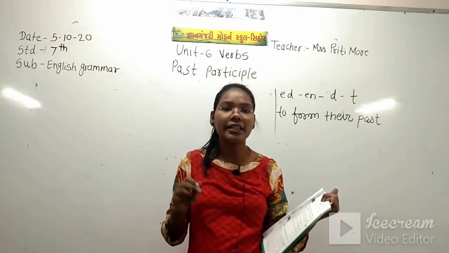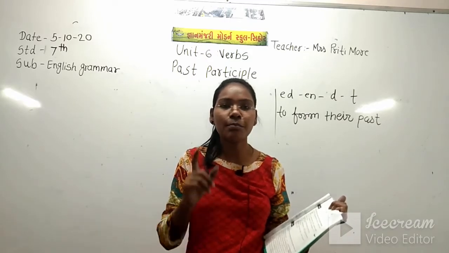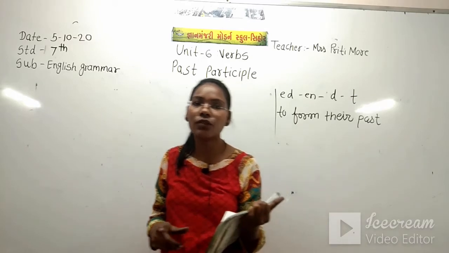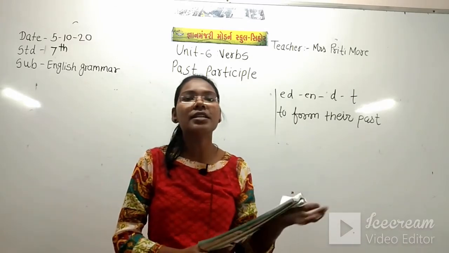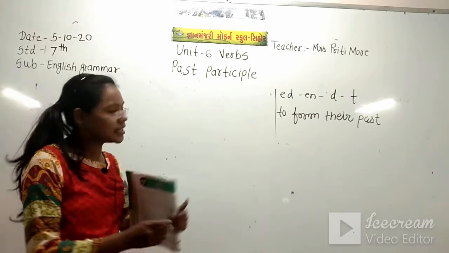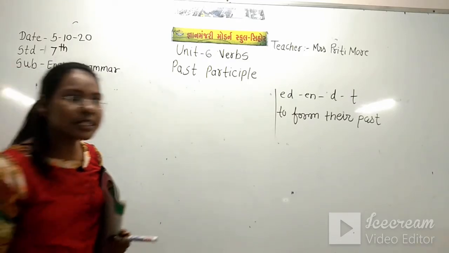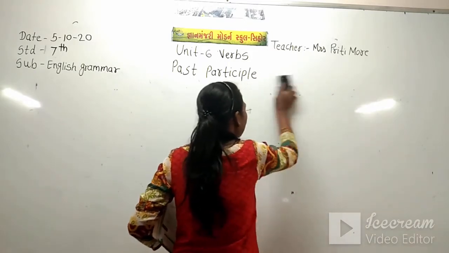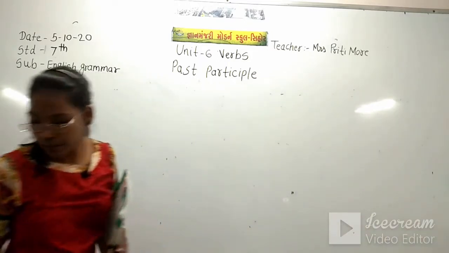In the bracket there is the first form of the main verb. You have to write the past form of that word and complete the sentence. So let's complete the sentences by using the past form of the verb.